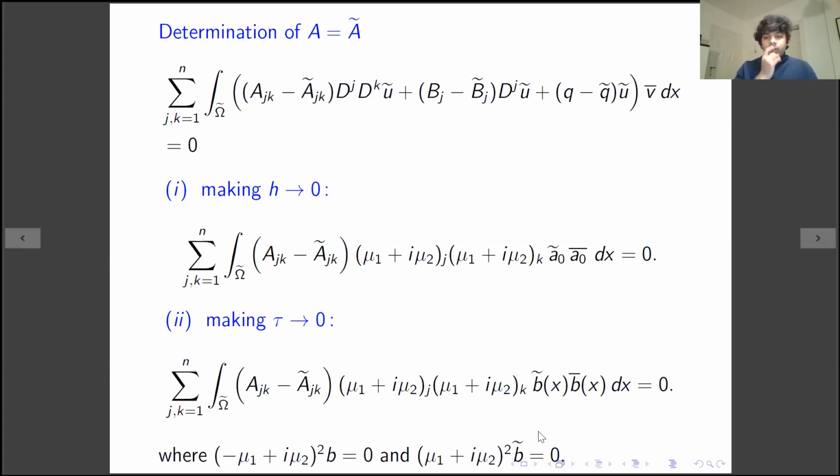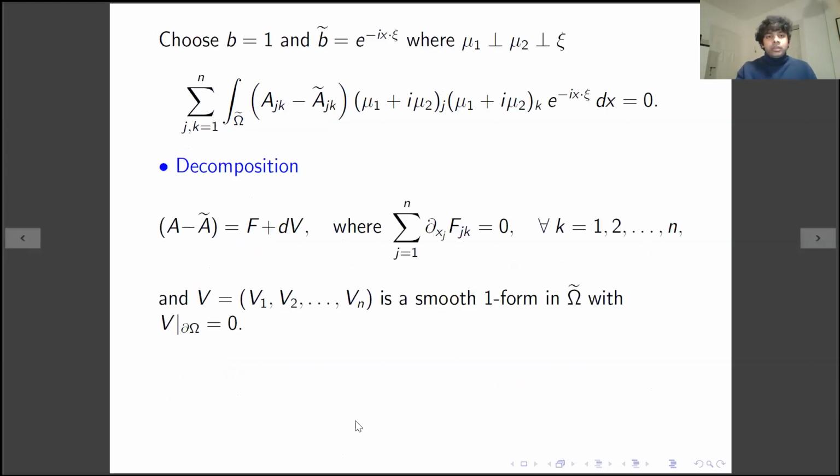So now we are in a relatively nice situation. We know how to solve this transport equation. So for B and B tilde, we'll plug those solutions into this integral identity, and then we'll see what we can say about A minus A tilde. So this is the next step.